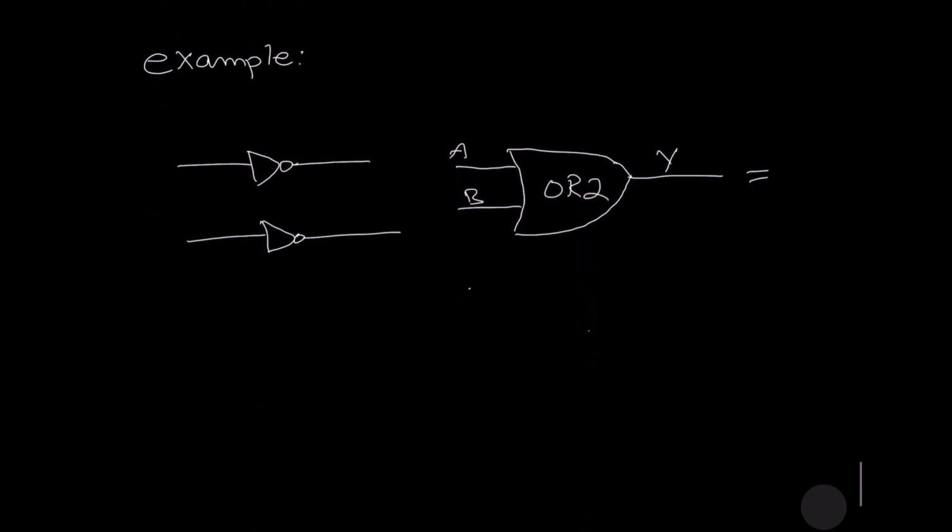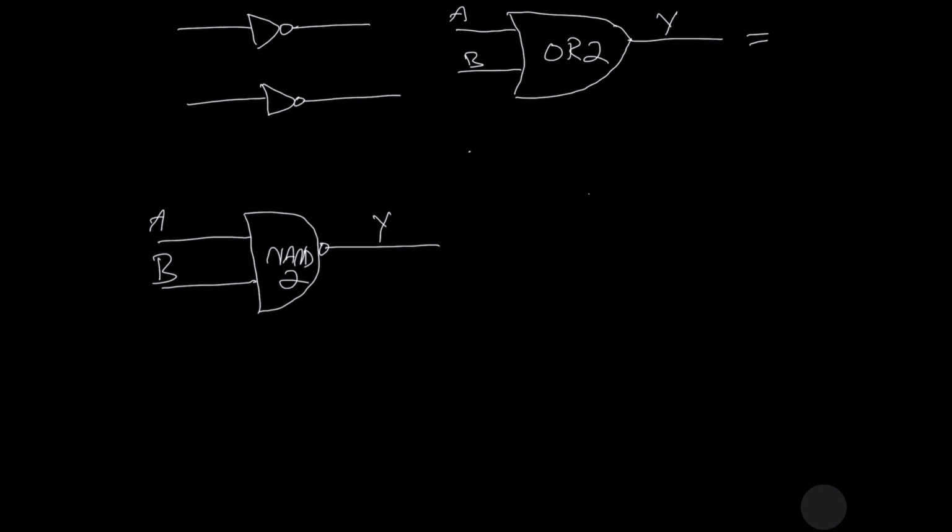So if you guessed the new logic gate is a NAND gate, your guess is perfectly right. If inverters are added to the input side of the OR2 gate or any OR gate, your new logic gate will be a NAND gate, a NAND 2 gate.